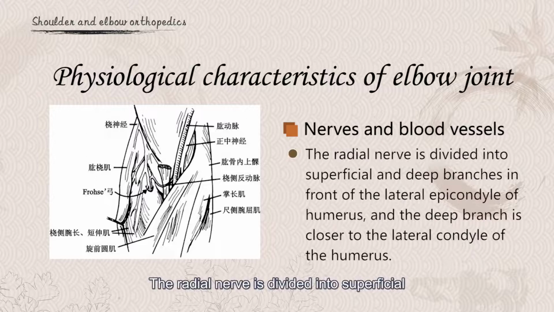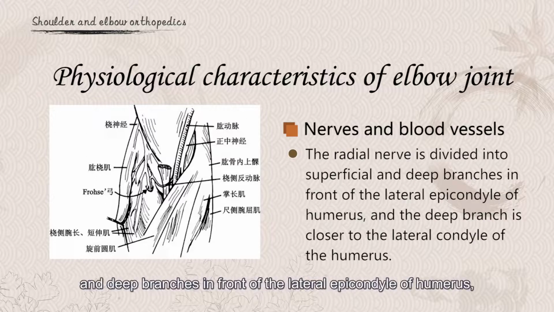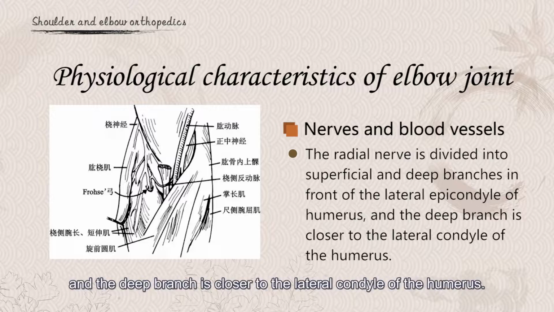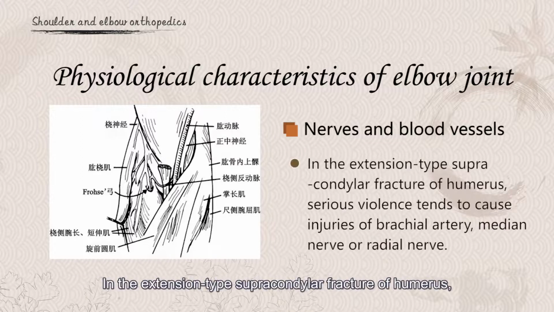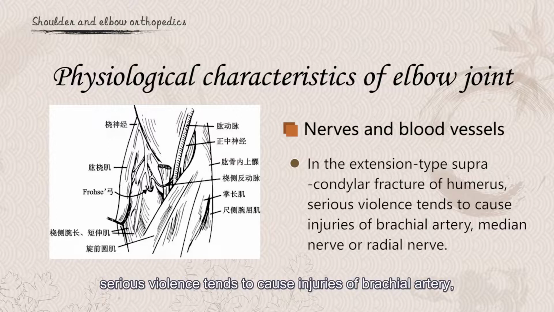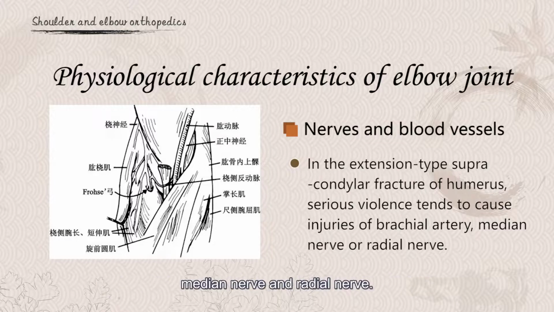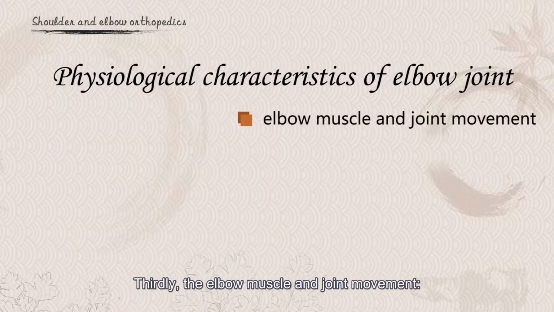The radial nerve is divided into superficial and deep branches in front of the lateral epicondyle of the humerus, and the deep branch is closer to the lateral condyle of the humerus. In the extension type supracondylar fracture of the humerus, violence tends to cause injuries of the brachial artery, median nerve, and radial nerve.